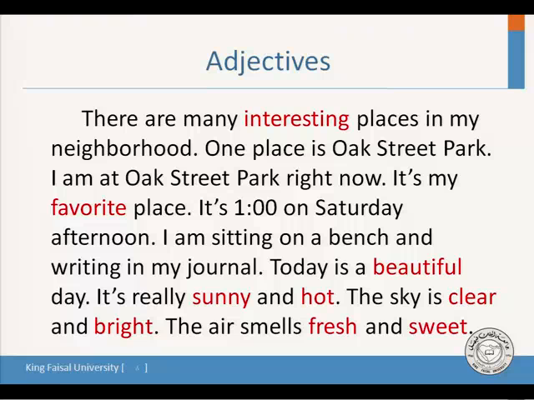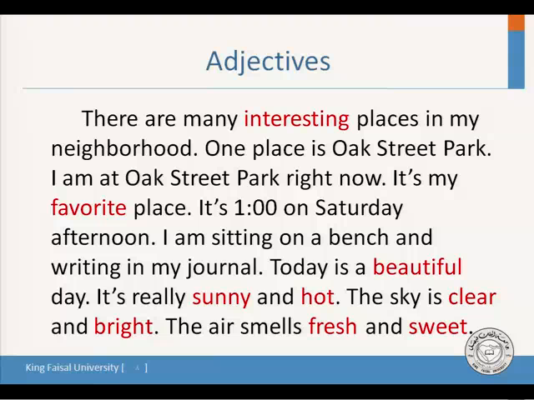Another one, it's my favorite place. Place, noun. Favorite, adjective. Adjective, then noun. Today is a beautiful day. We have the adjective beautiful and the noun day.